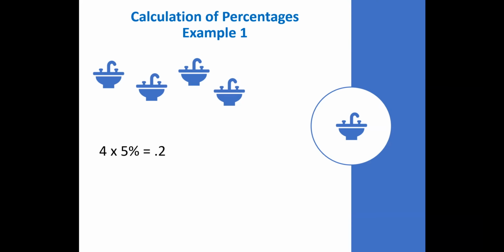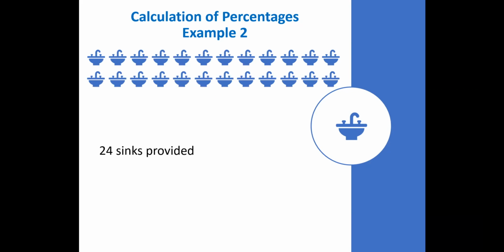The answer is 0.2 sinks are required to be accessible. We are determining the required number of elements, in this case sinks, that are accessible. The calculation results in a fraction of 0.2 or 2/10 of a sink. Since section 104.2 tells us we use the next greater whole number, in this case it is 1. 1 sink is required to be accessible.